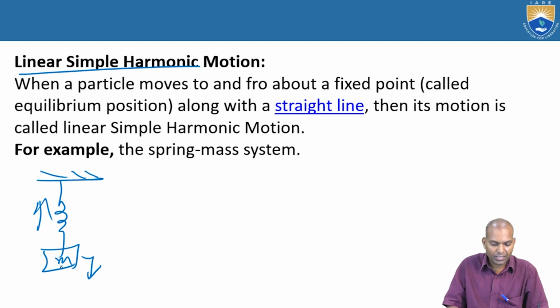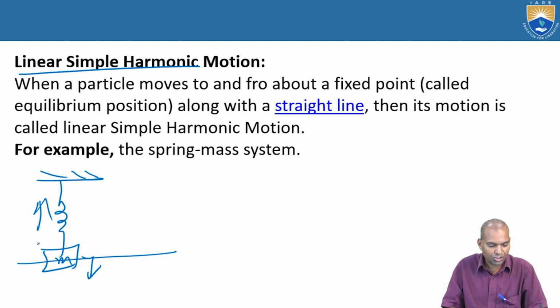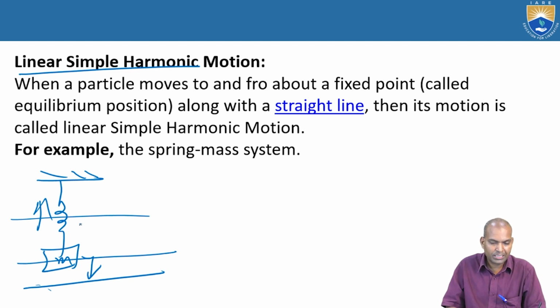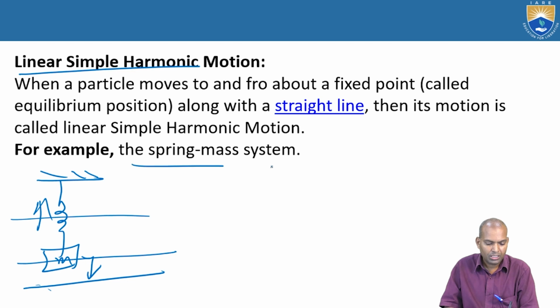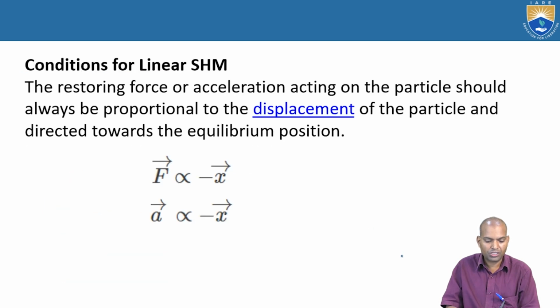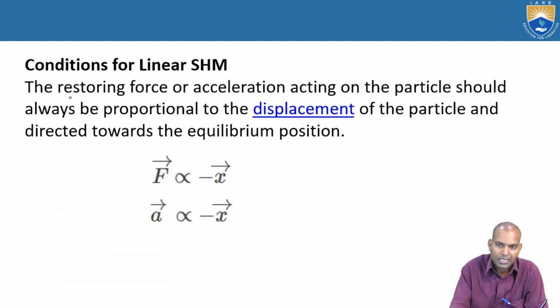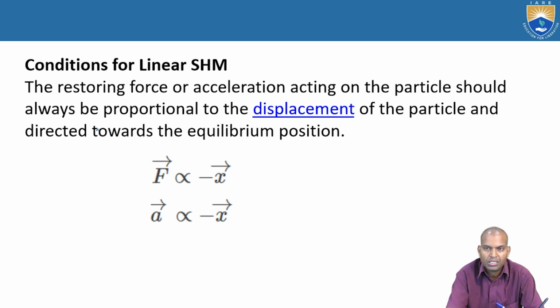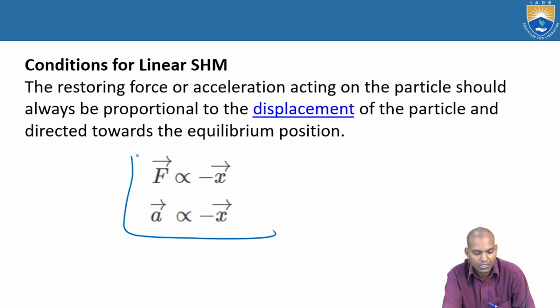But here, after giving initial displacement along a straight line, what will happen? The body starts moving up and down. Then that motion is known as linear simple harmonic motion. That example is the spring mass system. The conditions that should be satisfied for linear simple harmonic motion are again two conditions.